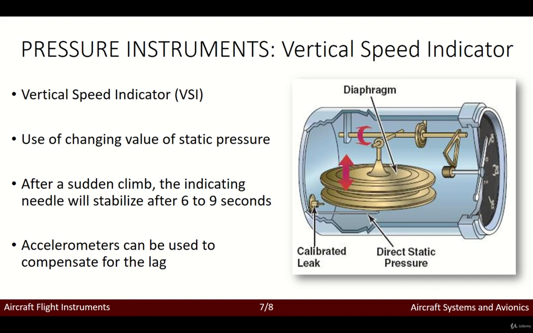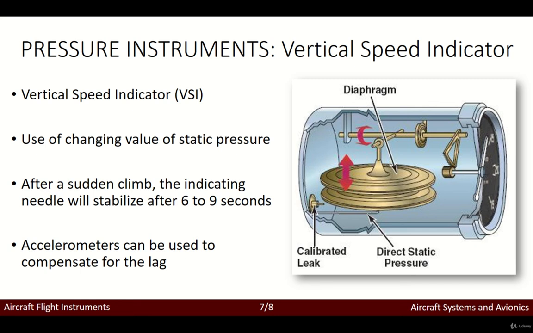It's not the pressure as it was before compared to later, but rather constantly determining by the static pressure input how the altitude is changing. From that we can determine how the aircraft is climbing or descending, right? So this instrument works dynamically.